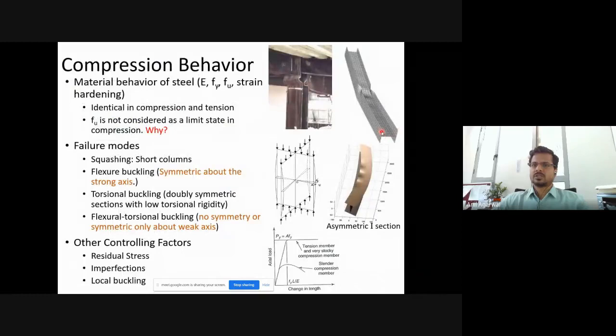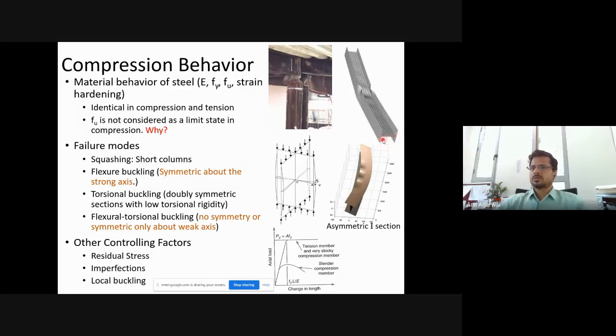So for example, if I have a flange like this, so the flange thickness versus the outstanding or unsupported length of the flange. So what is the unsupported length of the flange? Not in this direction. That is not the element property. That is not the governing number. What will be governing is this width of the flange. Similarly, for the web, the depth of the web.